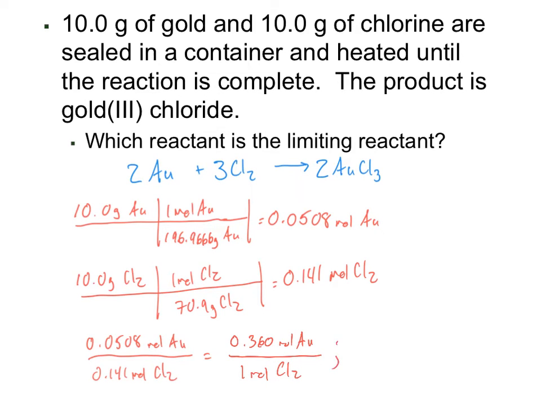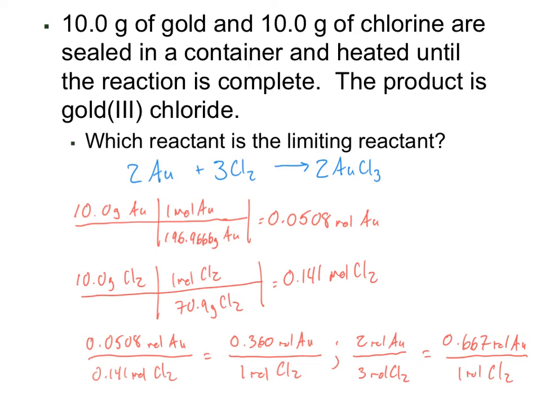And now we want to compare that with what's given in our balanced chemical equation. We see in our balanced equation we need 2 moles of gold per every 3 moles of Cl2. And so that reduces down to needing 0.667 moles of Au per every 1 mole of Cl2.